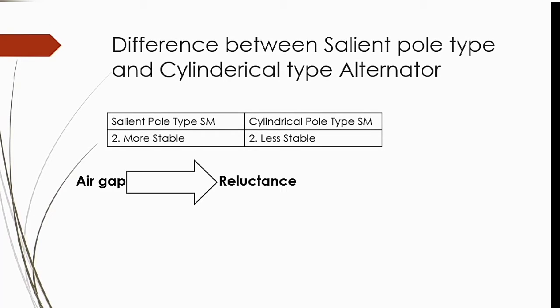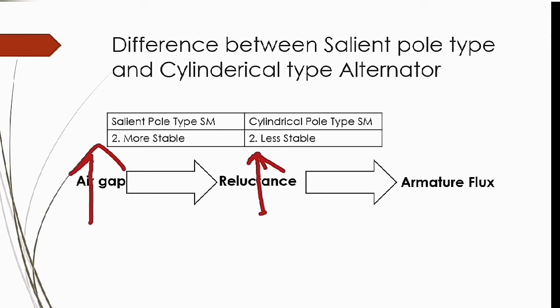here the air gap is high. So air gap is high, that means reluctance is high. Okay, so reluctance is high, that means armature flux is low. So we can say air gap is high, reluctance is high. Reluctance is high, that means armature flux is low. Why is it so?